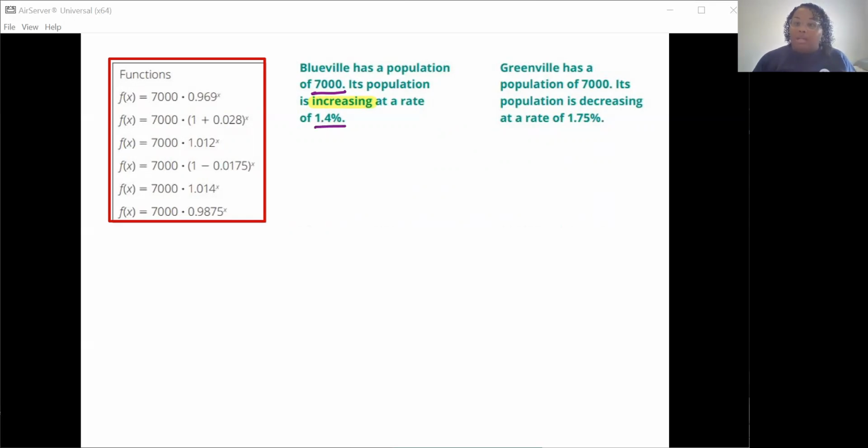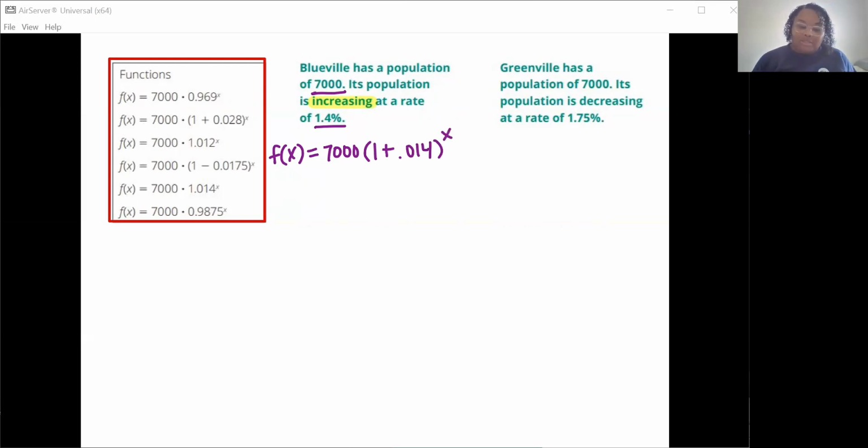So let's go ahead and think about our formulas here. My function, f of x, will equal a, my initial value, which in this case is 7,000, times the quantity of 1 plus, I am adding because that word increasing tells me this is exponential growth, my rate as a decimal, so 0.014 to the power of x.